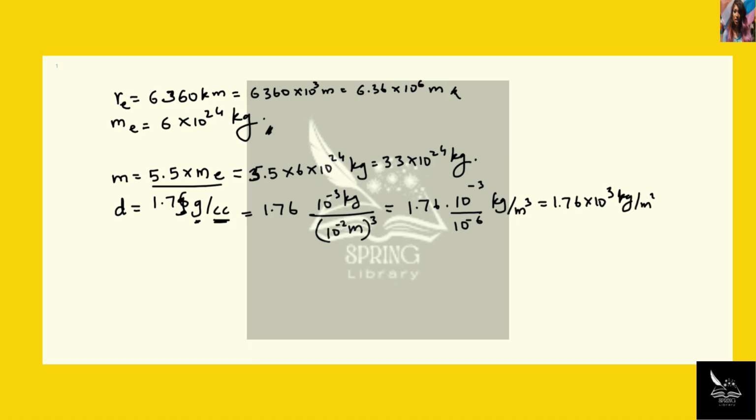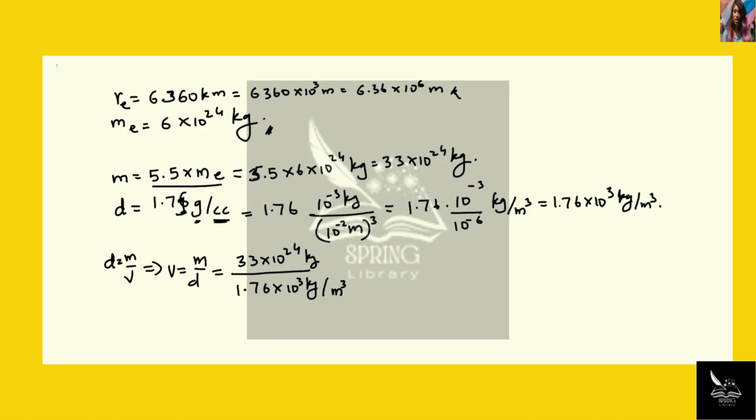kg per meter cubed. Now we know that density is mass by volume. Hence, volume would be mass by density, which is in this case 33 into 10 power 24, the mass in kilograms, divided by 1.76 into 10 power 3 kilogram per meter cube.